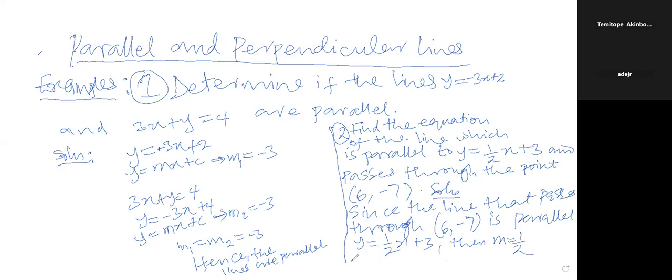So you now use the formula y minus y1 equals m into x minus x1. Is that clear? Yes, sir. So you now substitute the point. The point 6 comma minus 7 is the x1, y1 that you are looking for. So this is x1, this is y1.